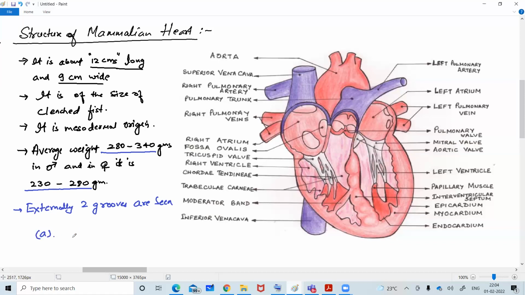So the first external groove is the atrioventricular groove, also called the coronary sulcus.